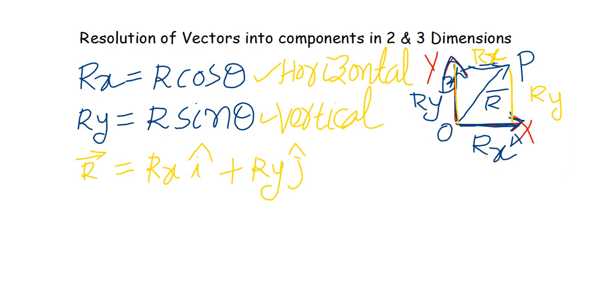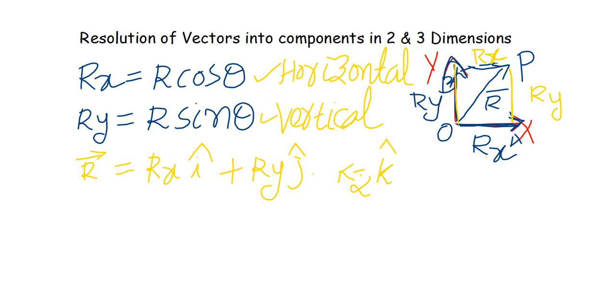Suppose we take this point vector in 3 dimensions. We represent this as rz k cap.